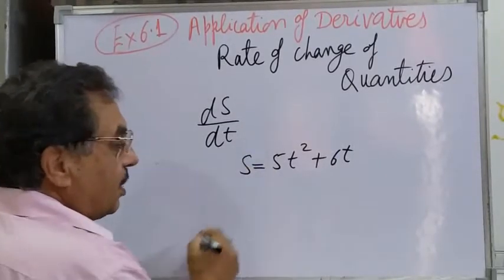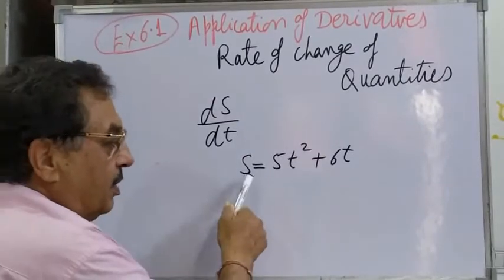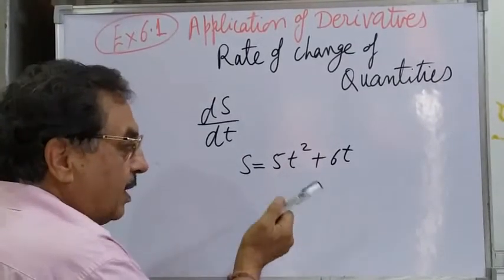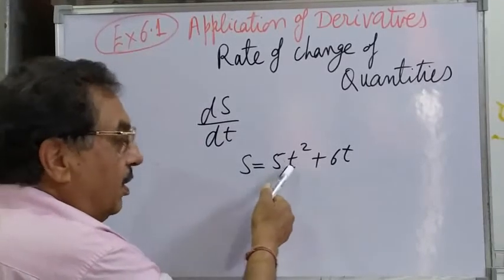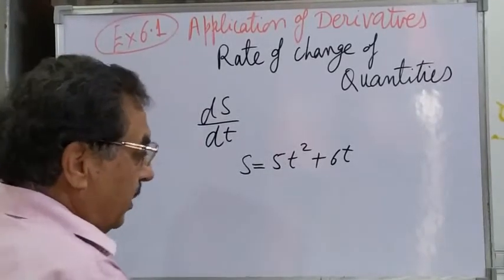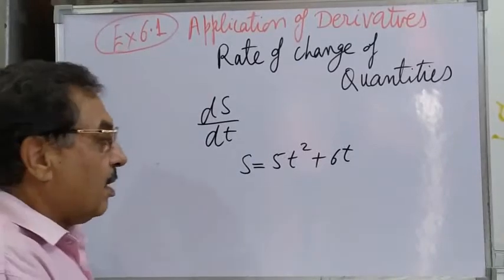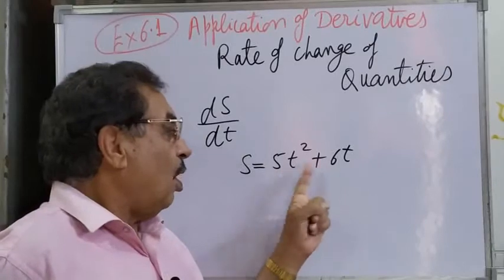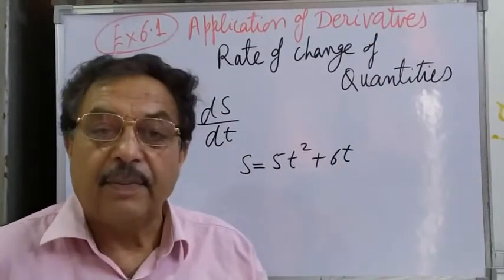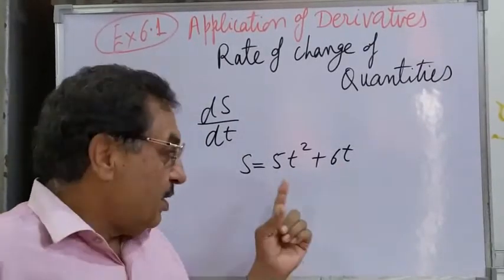S is the distance covered with respect to time. How are they related? The distance traveled is equal to 5t square plus 6t. In case after 1 second, if I put t equal to 1, then 11 meters will be covered in 1 second.